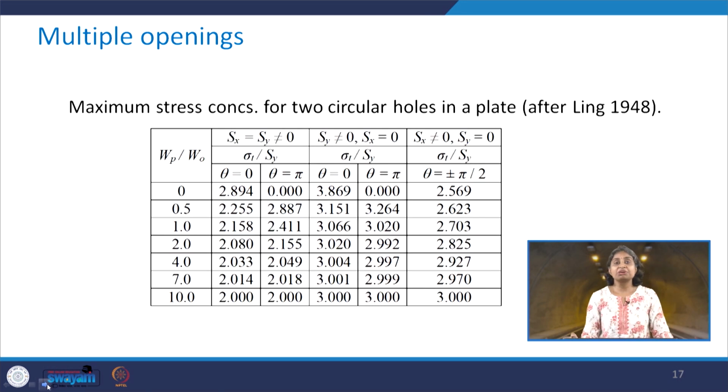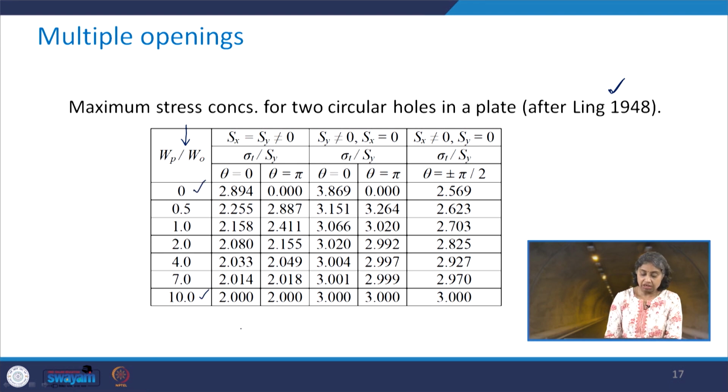Now, the maximum stress concentration for two circular holes in a plate, again these values have been picked from this reference only. You see how the various stress concentrations change for different loading conditions when the pillar to opening width ratio changes from 0 to 10.